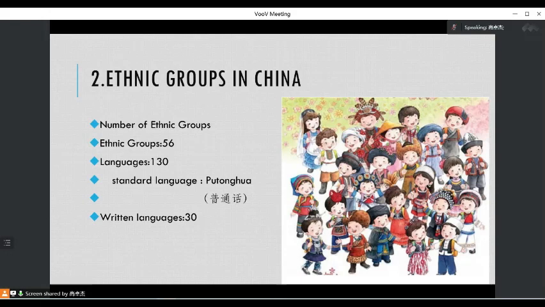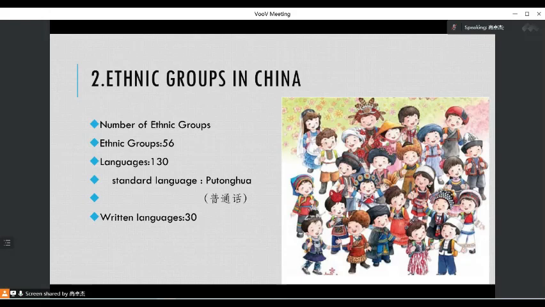And later, we will introduce that the ethnic minorities in China will enjoy more preferential treatment than Han people.